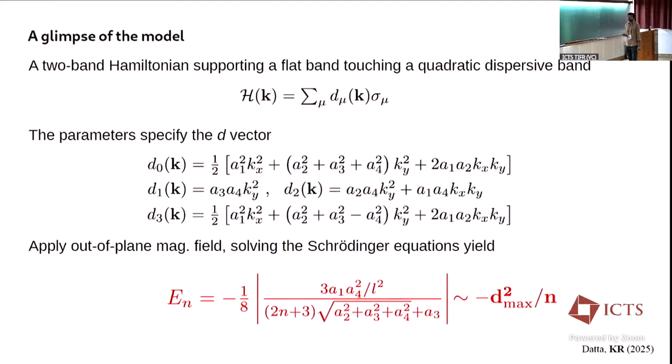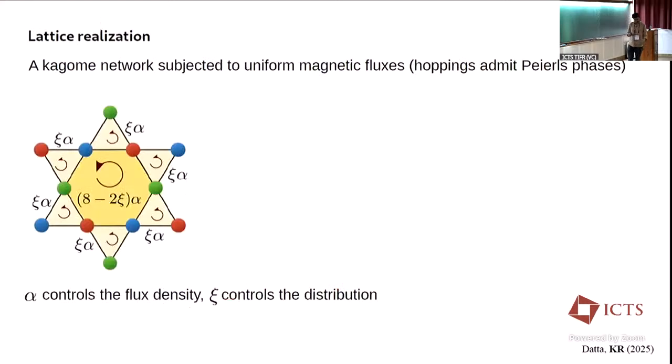Good. Having understood this continuum model a bit, we wanted to see what happens when you have a lattice. Since we know that the flat band in the Kagome lattice is a singular flat band, we took this Kagome lattice model and exposed it to magnetic fields.